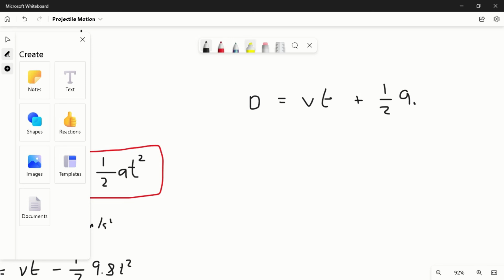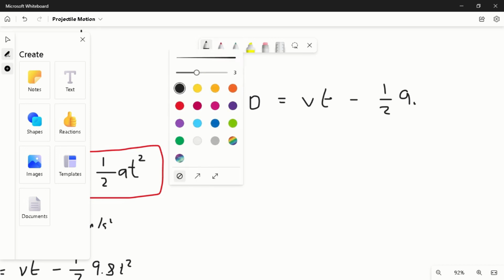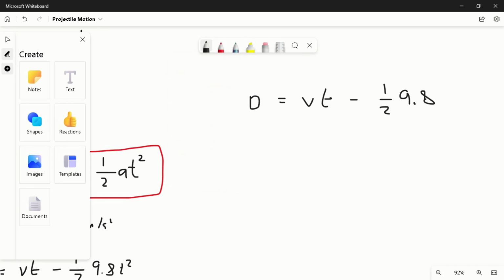We'll use the one for gravity. So minus a half 9.8 times t squared. We can factor out t, and get t times v minus a half times 9.8 t.